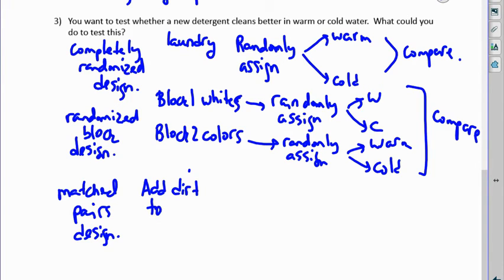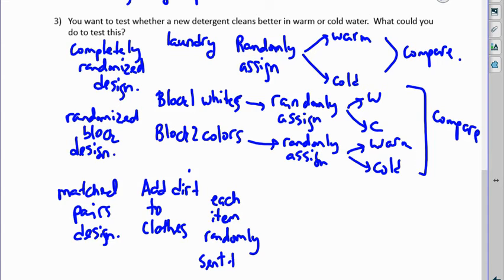Each item is randomly sent to either treatment 1, which could be warm, or treatment 2, which could be cold.